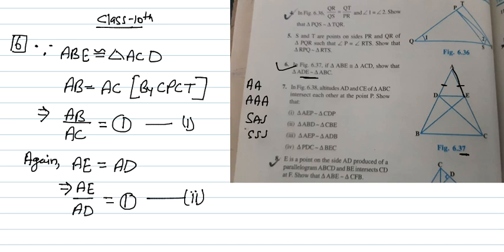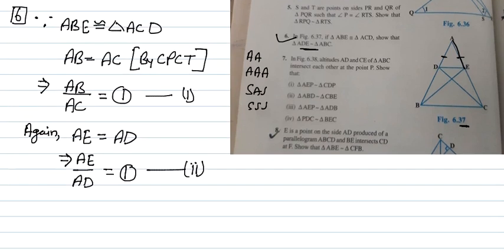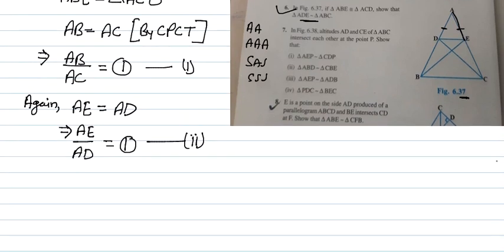What I am going to use to show ADE and ABC similar is hopefully SAS. Now I'm doing the next operation. Now AB upon AC is equal to 1, and AE upon AD is equal to 1.